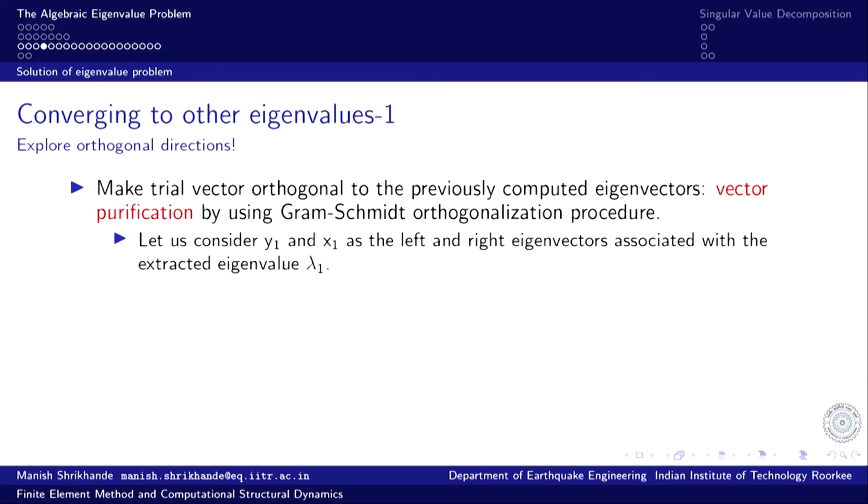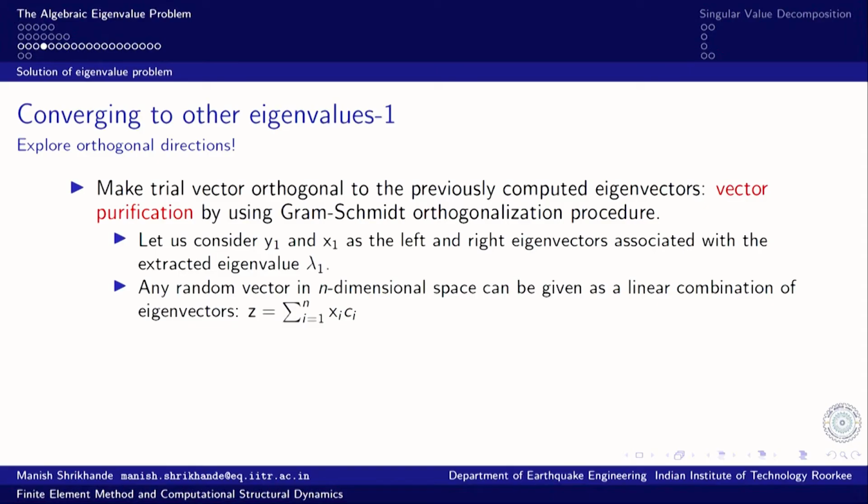So, how do we do this? Let us consider y 1 and x 1 as left and right eigenvectors associated with the extracted eigenvalue lambda 1. If lambda 1 is available, then left and right eigenvectors y 1 and x 1 can be computed.